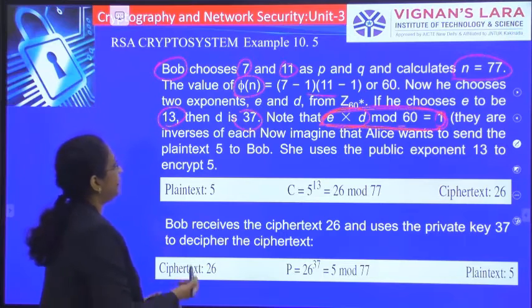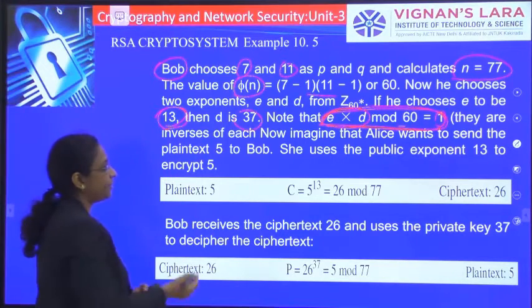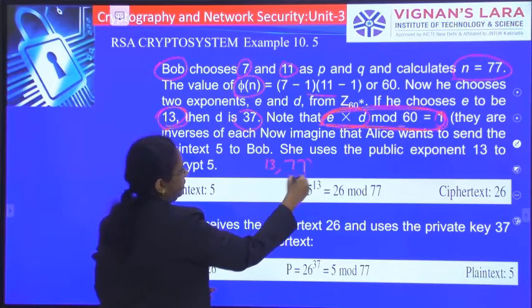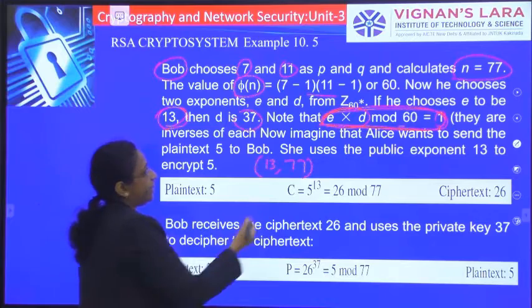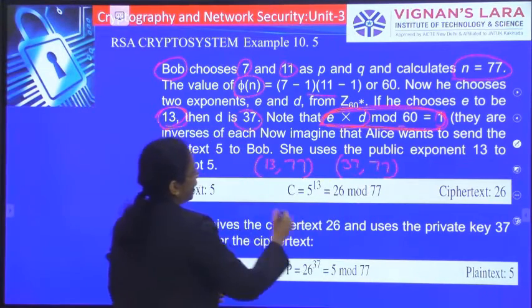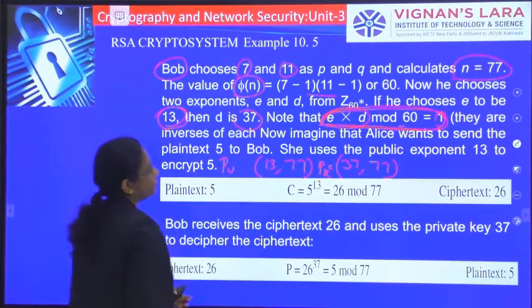The public key will be 13, comma 77, and the private key will be 37, comma 77.